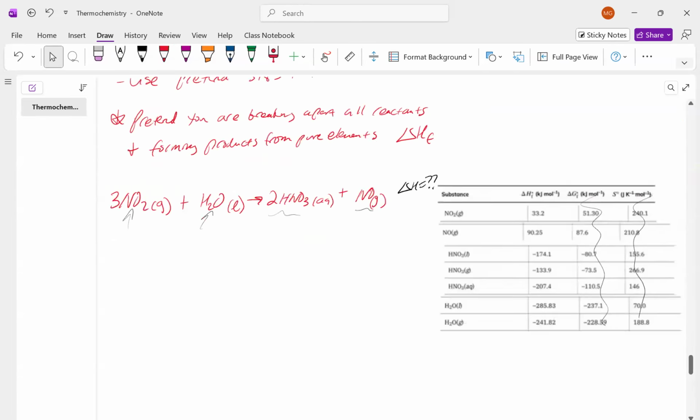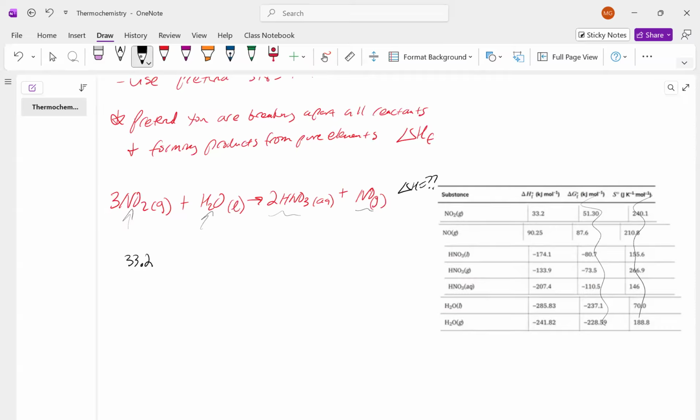So the delta H of formation for NO2 is 33.2. So by pretending we're going to break apart NO2 into nitrogen and oxygen, we get to use that enthalpy. Now here's the catch.